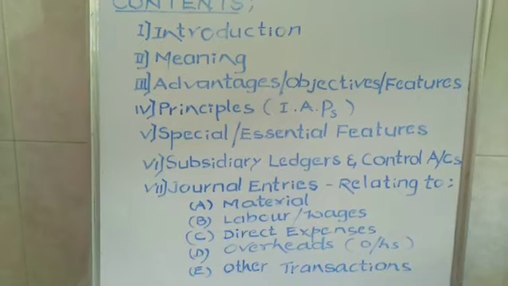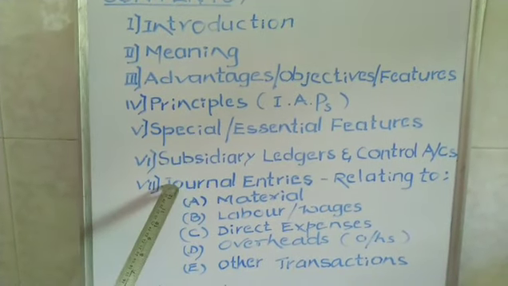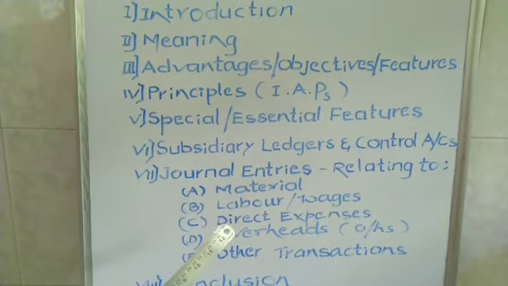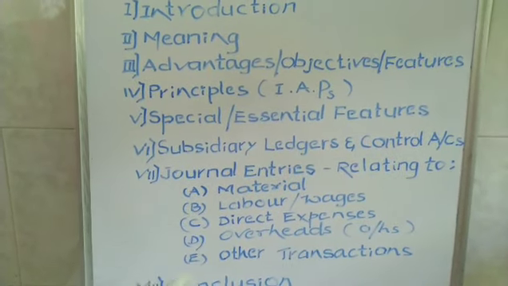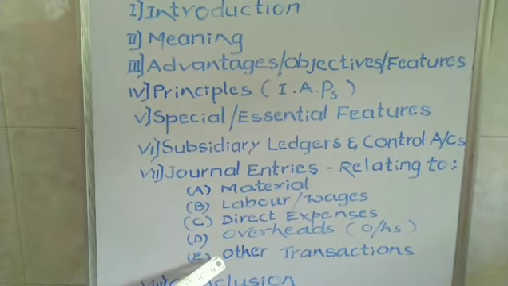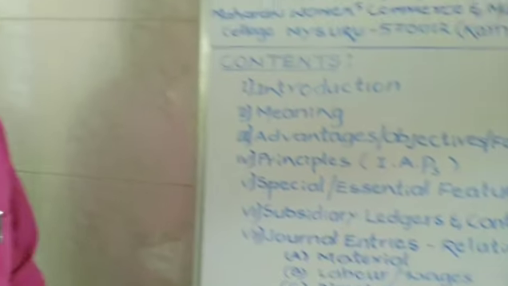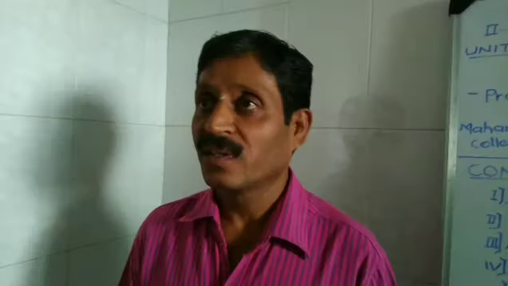After that, we have to discuss various journal entries relating to material, labor, direct expenses, overheads, and journal entries relating to other transactions. And then we have to conclude the topic.